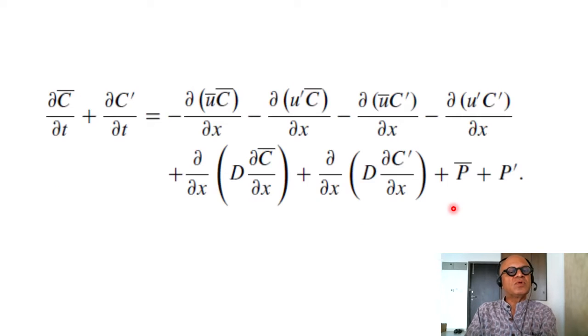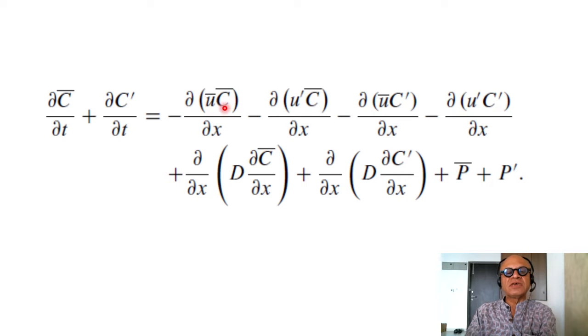Okay, so you can split that into dc bar/dt, which has to go to 0 because c bar is constant, dc prime/dt minus d(u bar c bar)/dx minus d(u prime c bar)/dx minus d(u bar c prime)/dx, and then d/dx of u prime c prime. So here you have similarly d/dx of D dc bar/dx. Remember, this is the diffusivity, d/dx of D dc prime/dx plus p bar and p prime.